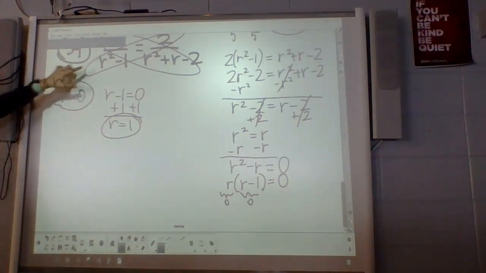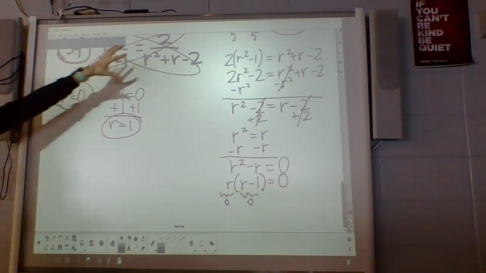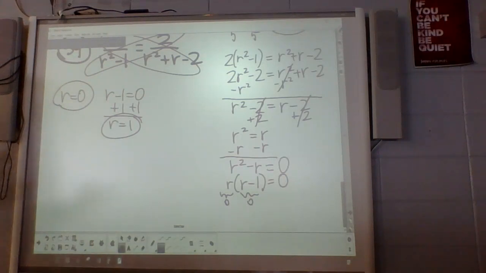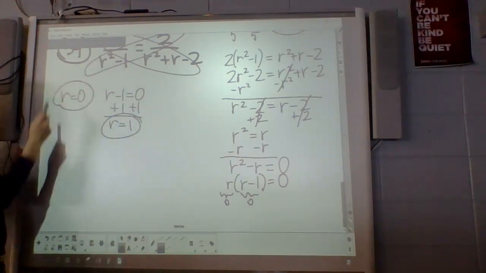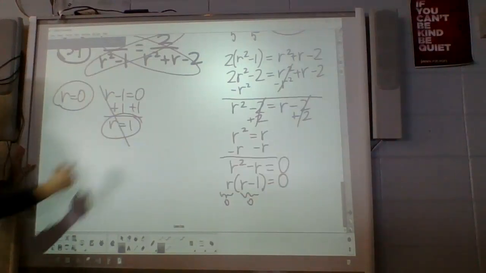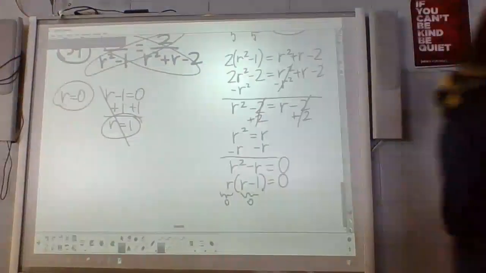So if I go to put the 0 back in, 0 squared minus 1 is just negative 1. That's fine. 0 is fine there as well because it doesn't make either of the denominators equal 0. However, if I put 1 back in here, 1 squared is 1, minus 1 is 0. So this answer actually ends up being extraneous. It's an extra answer that doesn't really work there. So just 0 ends up being my only answer.